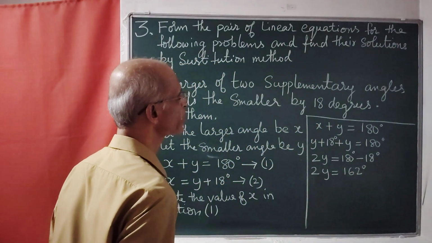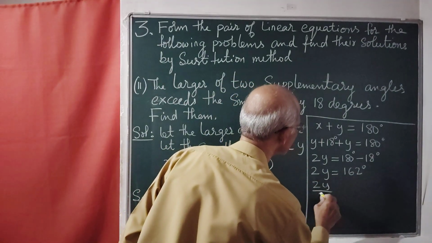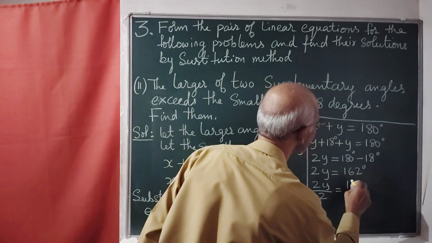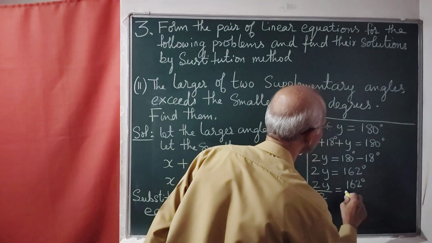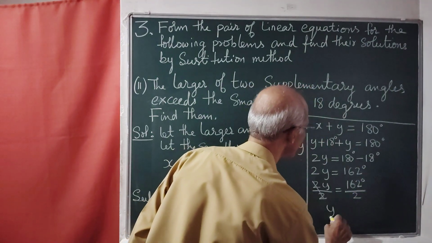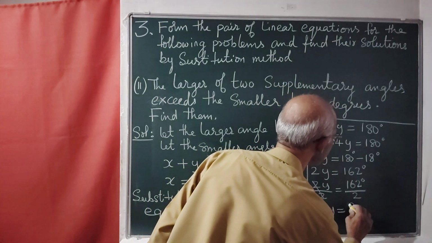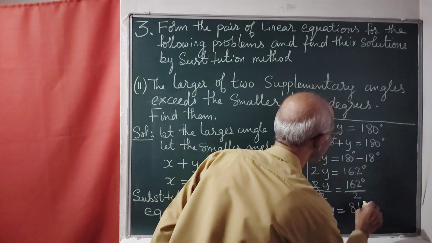I will divide both sides by 2. So 2y divided by 2 is equal to 162 degrees by 2. So y will be equal to 81 degrees.